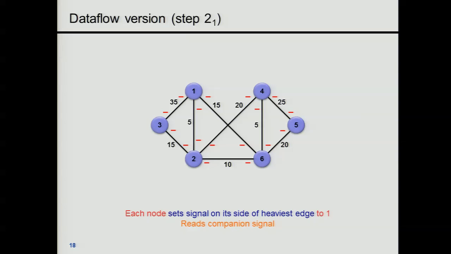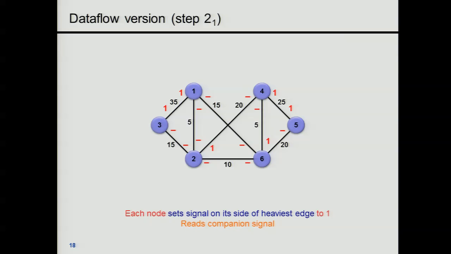If 1 fills this bit with a 1, then 3 knows that 1 wants to match with it, and it's done. If 1 fills this bit with a 0, then 3 will know that 1 has refused it or has matched with someone else, at which time it will choose its next best neighbor, in this case 2, and fill this bit with a 1. And in this way, this whole thing will simply fill itself in.